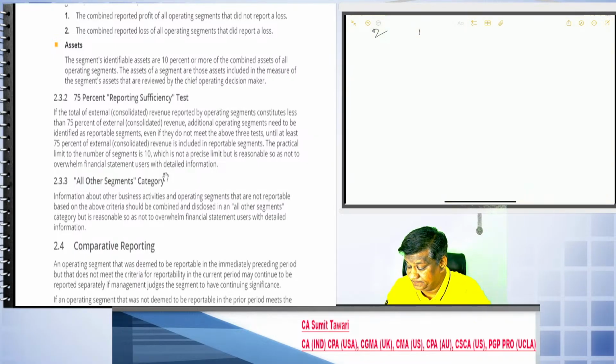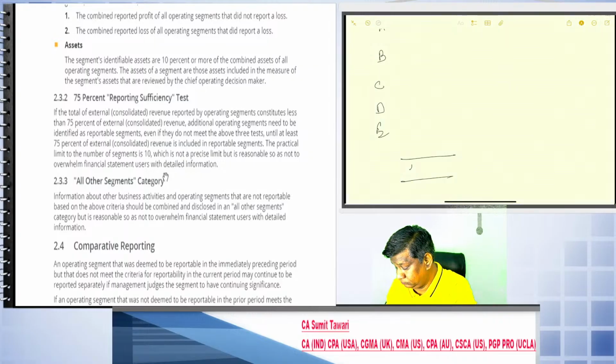I'll give an example. Total and external. I consider here 15 lakh and here 10 lakh.